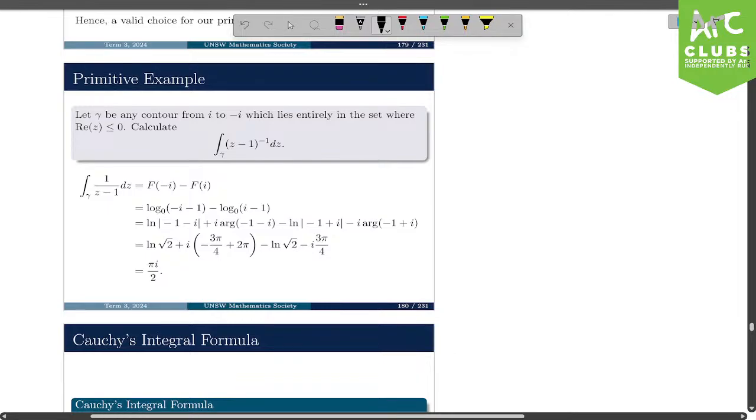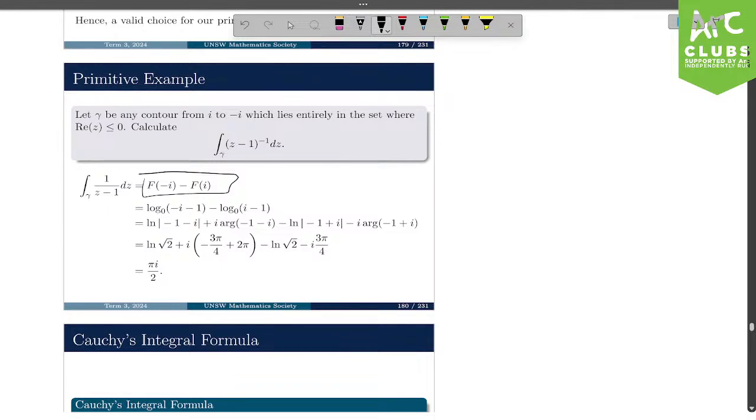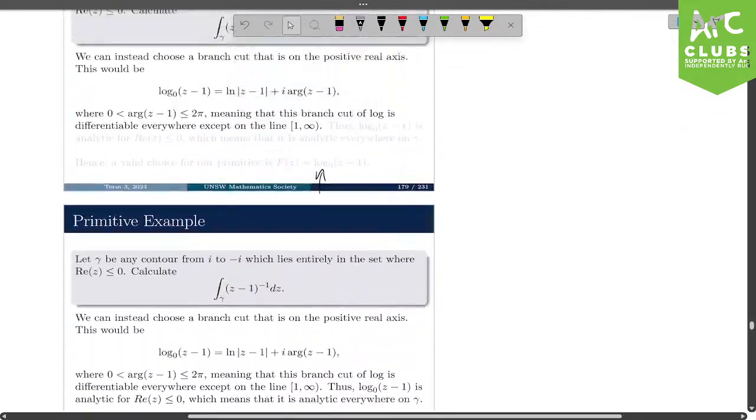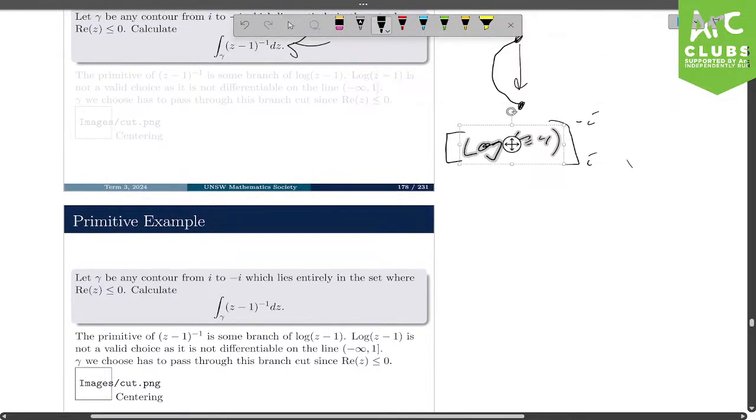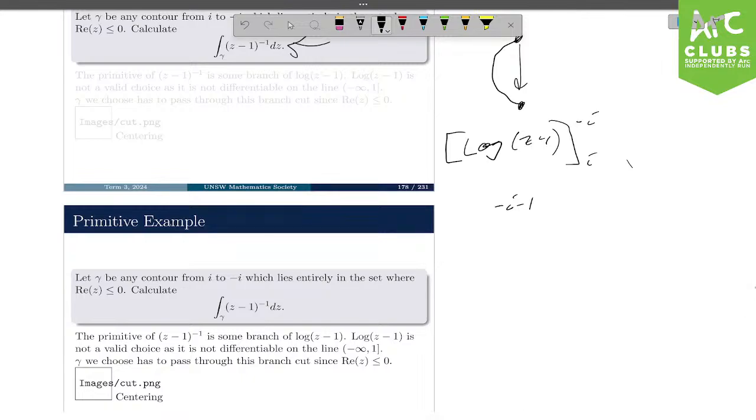Okay, so we get log of z being substituted in. So we have log of minus i minus 1, mind you, this is going to be log 0. It doesn't really matter.